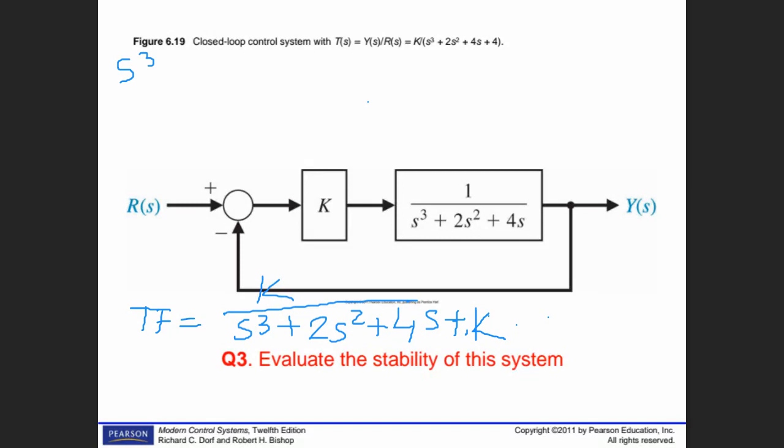Power 3. S square. 1, 0. That one here, this one is 1.